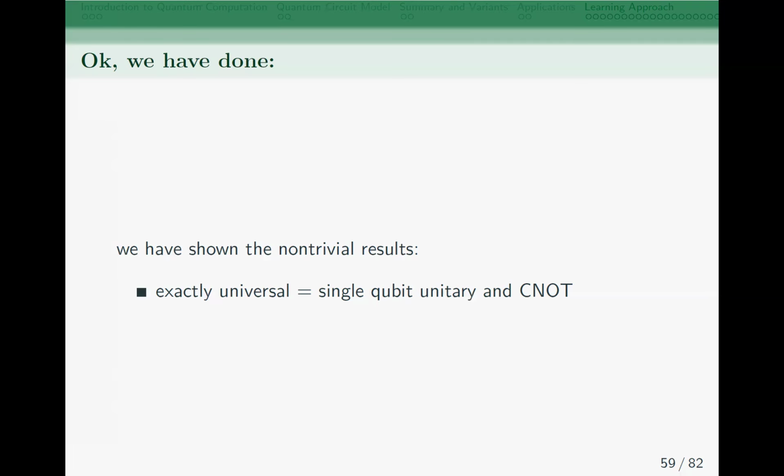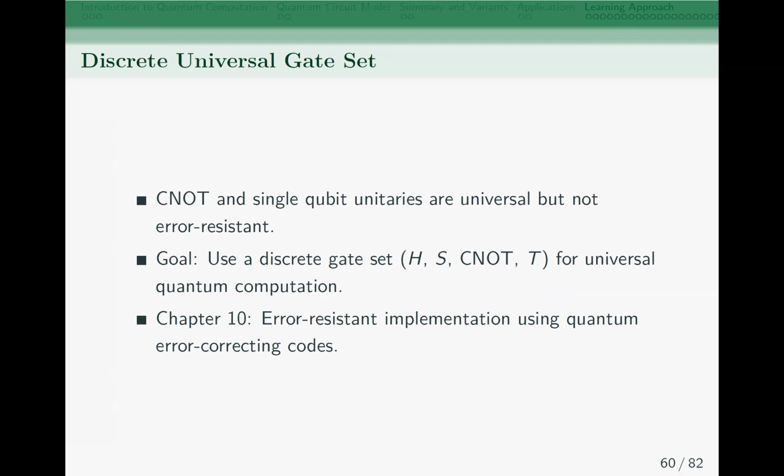Okay, but we are not done. The reason is that single-qubit unitaries are still uncountable. We have not solved this because we can only have finitely many elements in the lab. We cannot have continuous elements in the lab. So we need a so-called discrete universal set. This is the next stage.